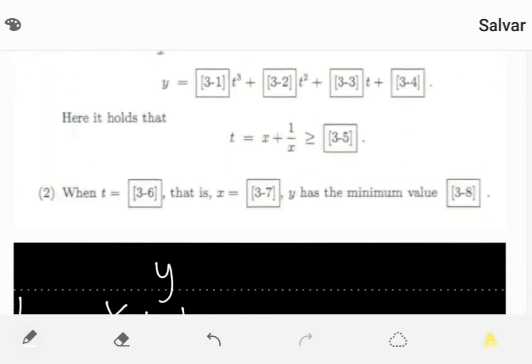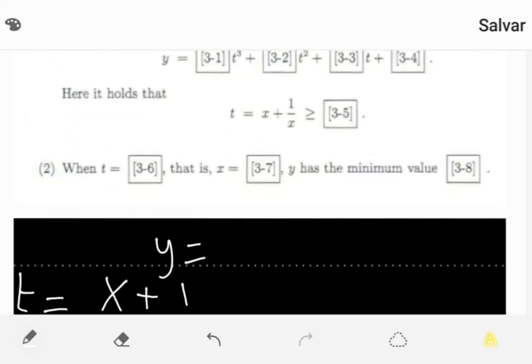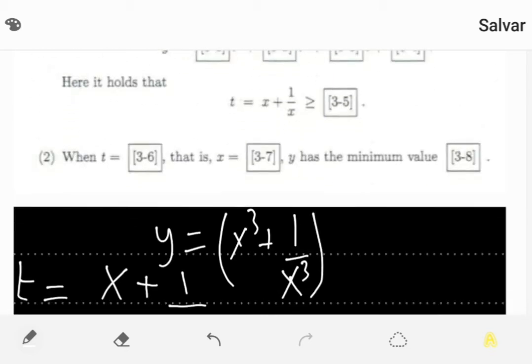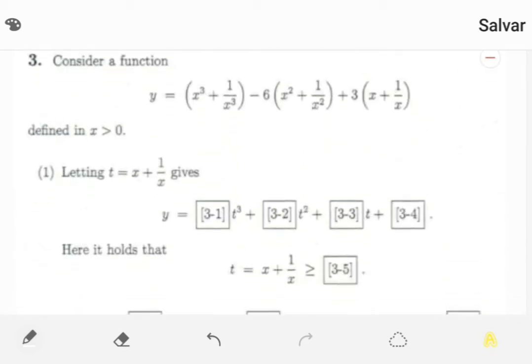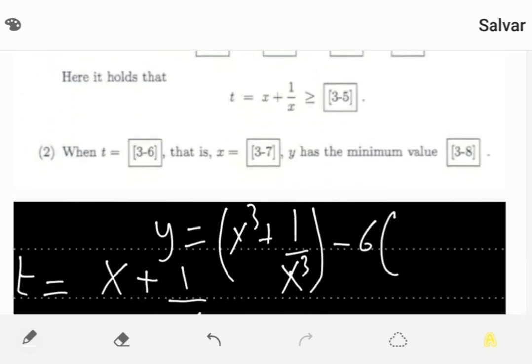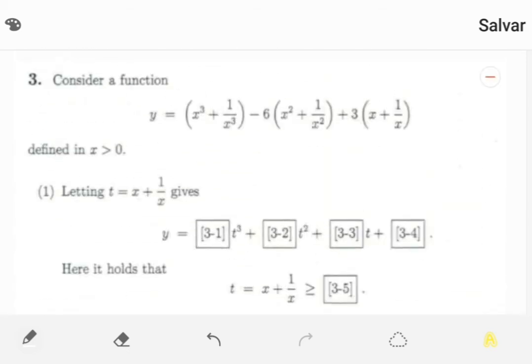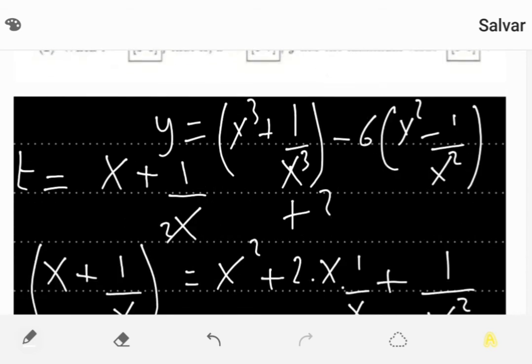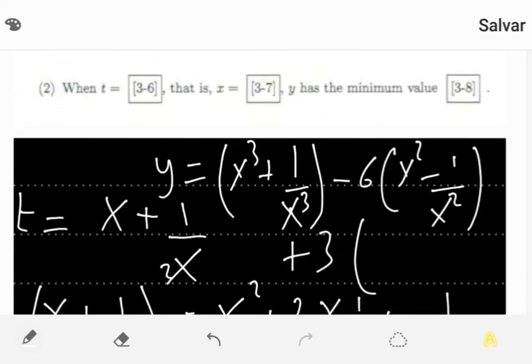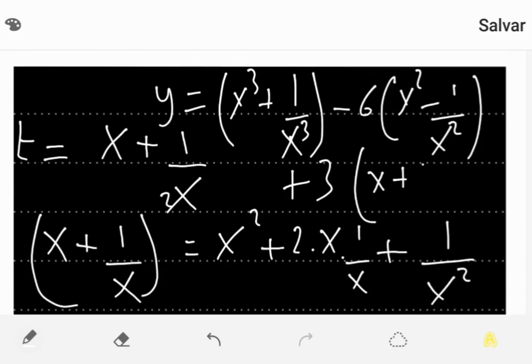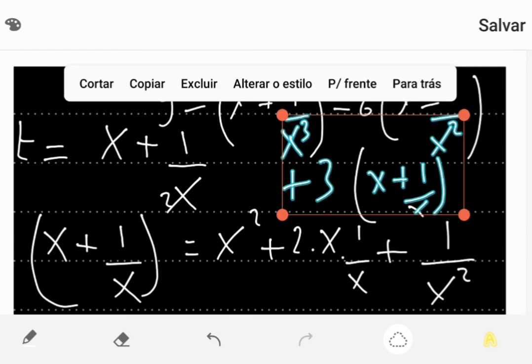He was telling us that y is equal to x cubed plus 1 divided by x cubed minus 6 multiplied by x squared plus 1 divided by x squared plus 3 multiplied by x plus 1 divided by x. So this is the function that he gave us, right?